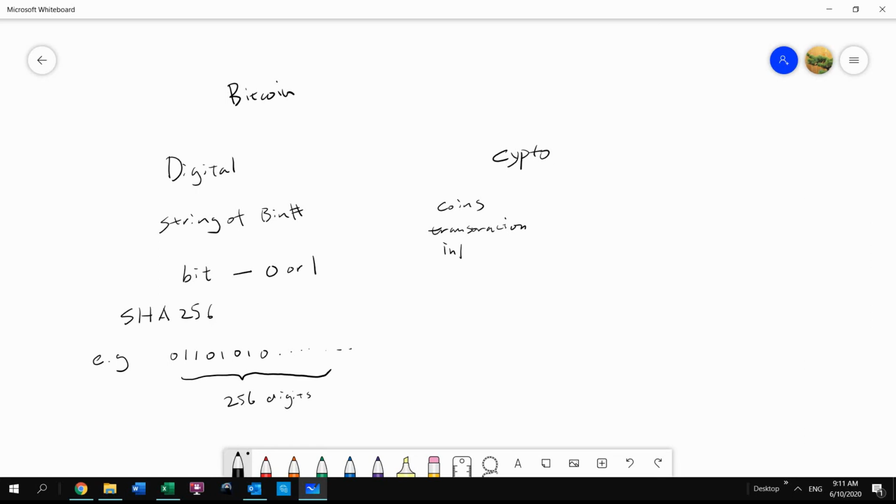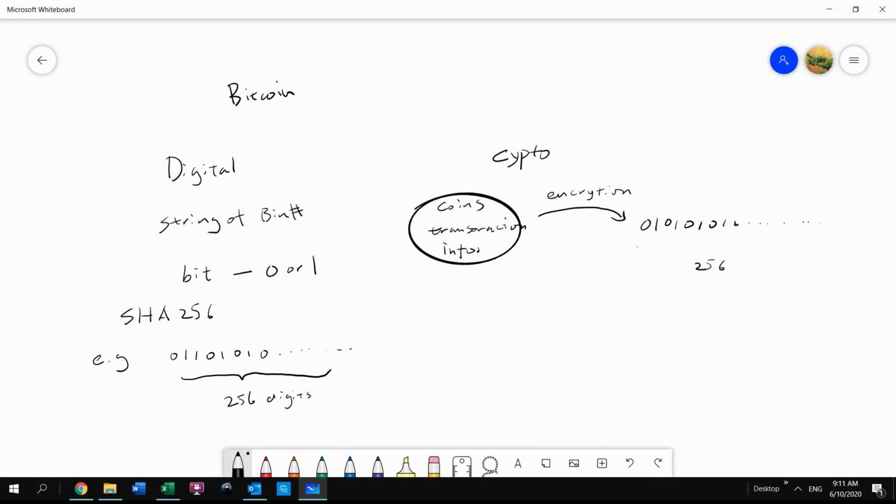Let's say all the info is expressed in a string of numbers, just a string of numbers. There are 256 digits here, and the information can be put secretly into the string of numbers, and we call it encryption of the information.